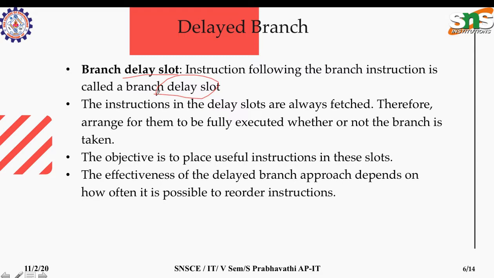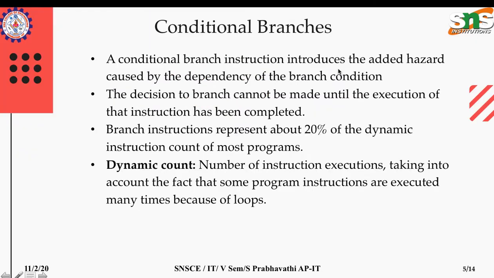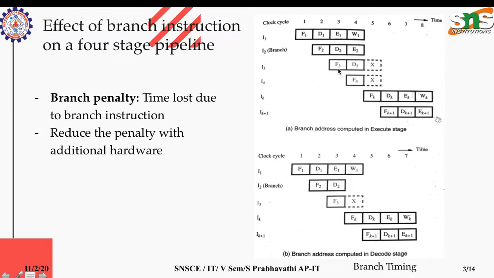Okay, so why are we saying this? I'll take you to the previous example. Here the branch instruction is I2 and I3 comes in this slot because of this branch. So the correct instruction to be executed is IK, and I3 is fetched and decoded in this stage, and it introduced the stall, which we are saying is a delay slot.